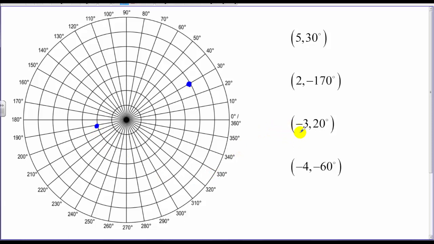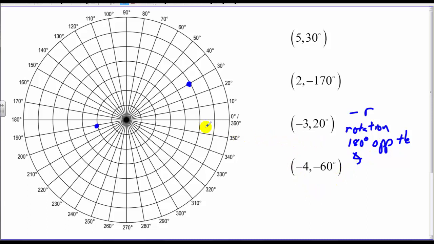When we start talking about negative radius measures, well, a negative radius doesn't make any sense, but negative r values correspond to rotating 180 degrees opposite the angle.